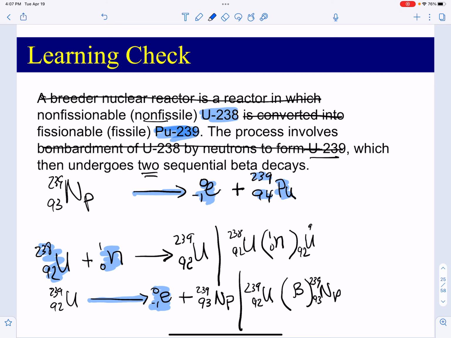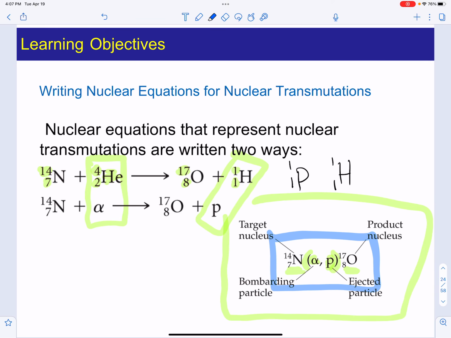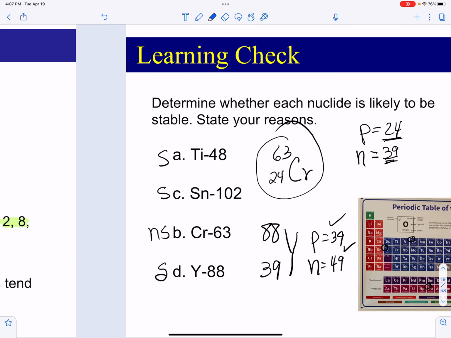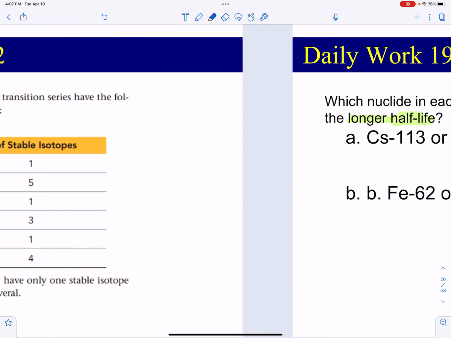So that's how you can follow that sequence using nuclear chemical reactions, a transmutation. Let's see if we see that on here. So uranium 239, no, that doesn't show in there. So that's a different sequence of events.